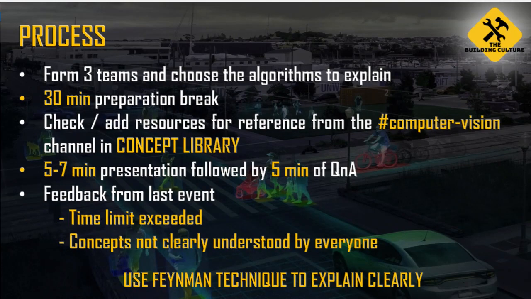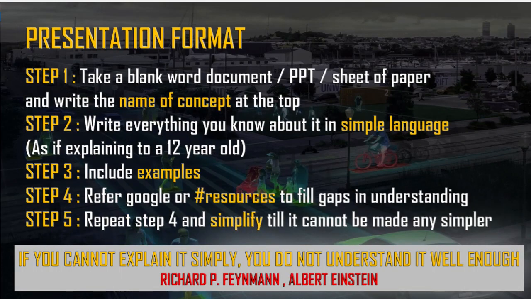So the whole idea is just to explain it simply, right? How you'd begin is, say you took Canny edge detection, you would write the concept and also write on a sheet of paper what you already know about it.